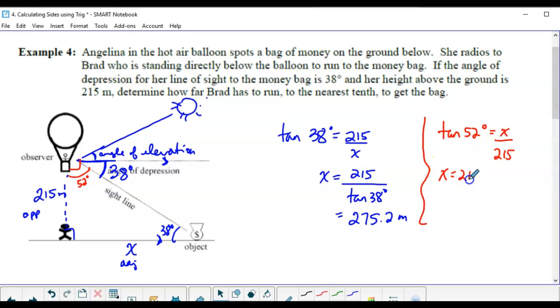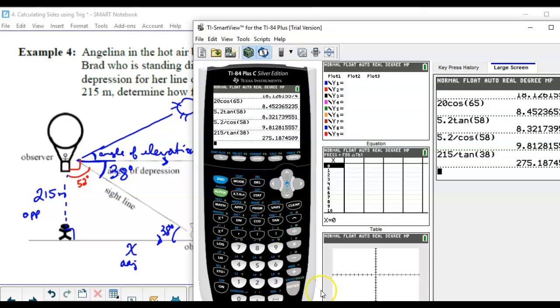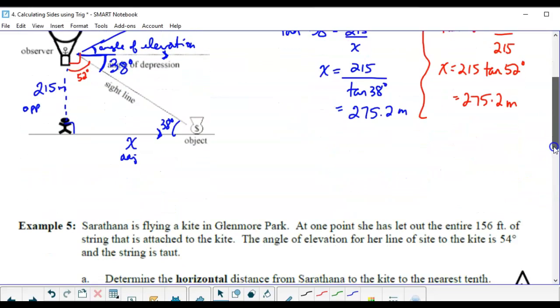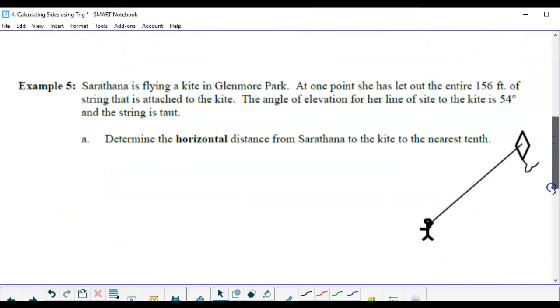So x is 215 tan of 52. And if we look at that, 215 tan of 52, we get the same value, 275.2 meters. Okay, so two ways of doing that one.